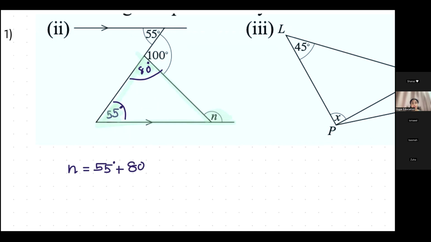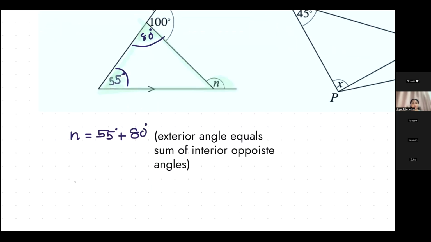I write the reason as exterior angle equals sum of interior opposite angles. So we know that would be 135 degrees. All right. Then, did you all get this answer? All right, great.